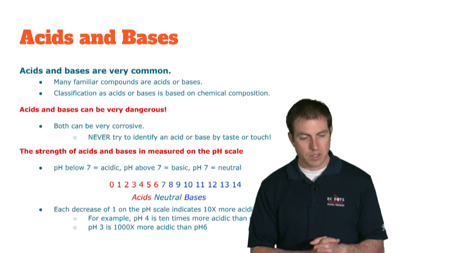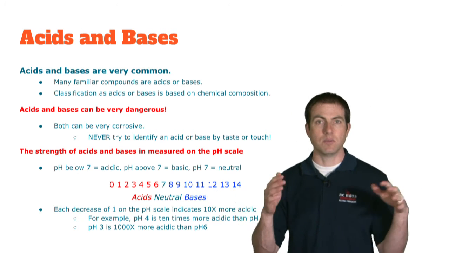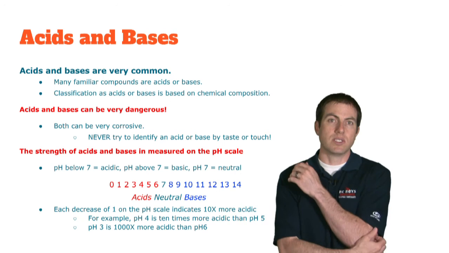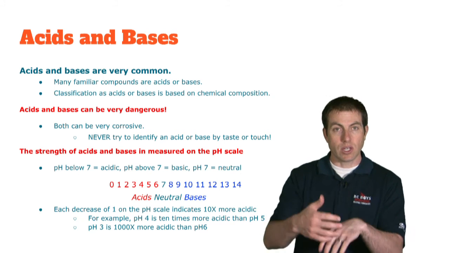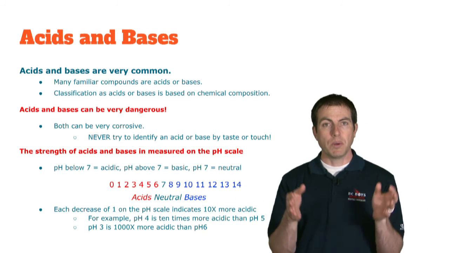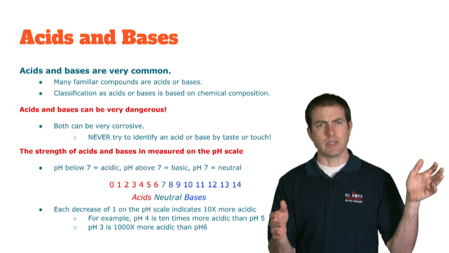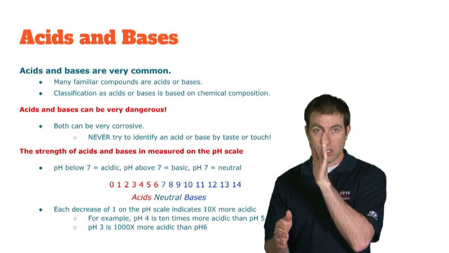One really cool thing about the pH scale is that it's an all-inclusive scale. It has acids and bases right on one scale. Instead of saying this is the strength of the acid, this is the strength of the base, and having 2 separate scales, we put them on one scale, and that scale goes from 0, which is extremely acidic, through to the middle, which is 7.